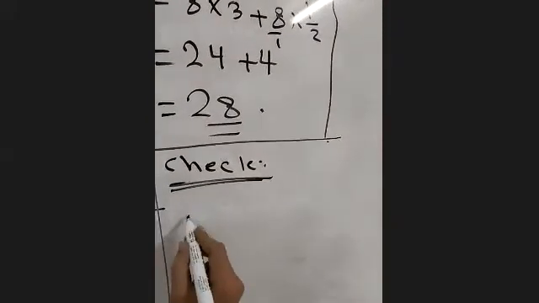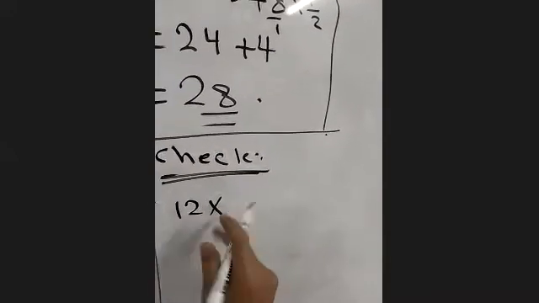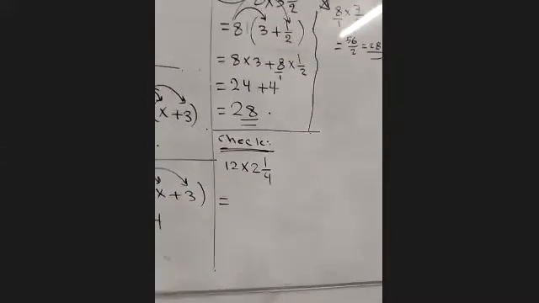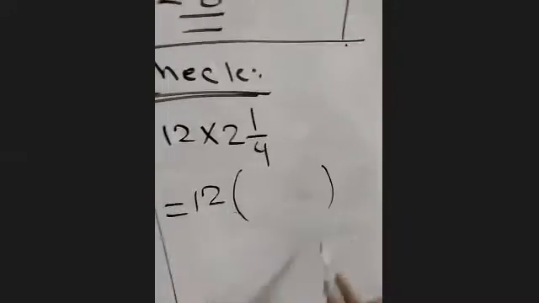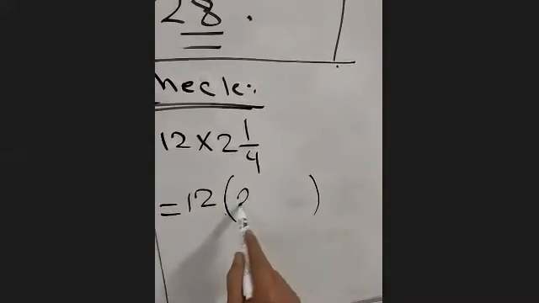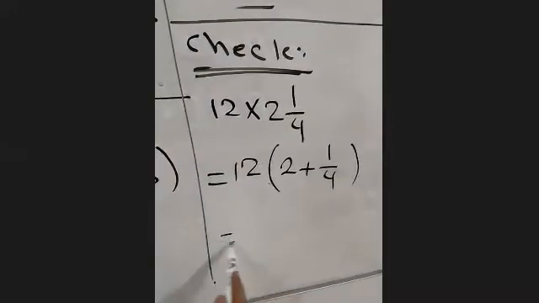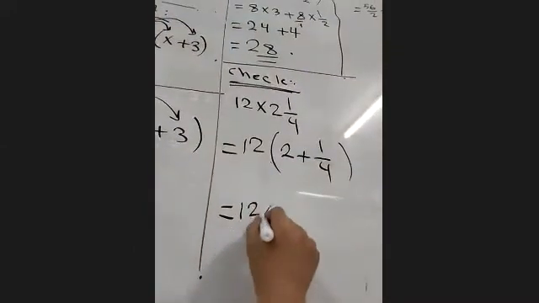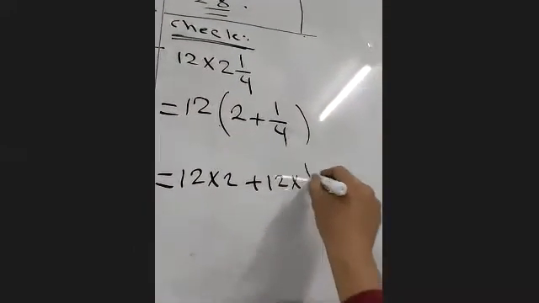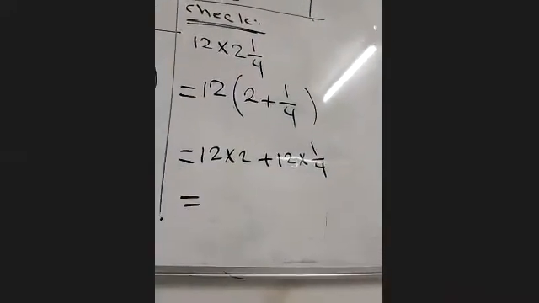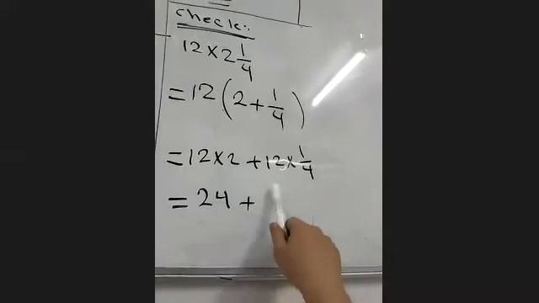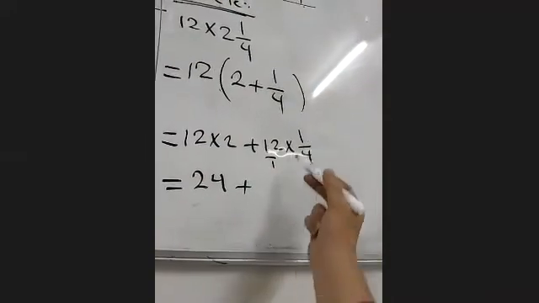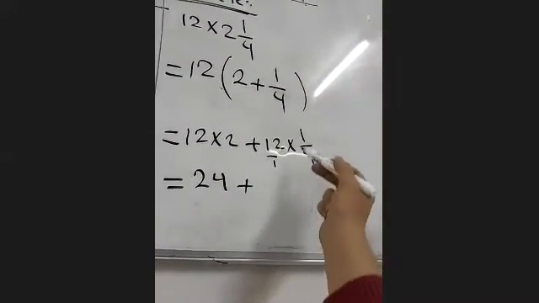Tell me what I will do. 12 and open a bracket. 2 plus 1 over 4. Then 12 equal 12 multiply 2 plus 12 multiply 1 over 4. 12 multiply 2 equal 24. And here 12 over 1 times 1 over 4: 12 by 1 is 12, down 1 by 4 is 4, 12 over 4 is 3.